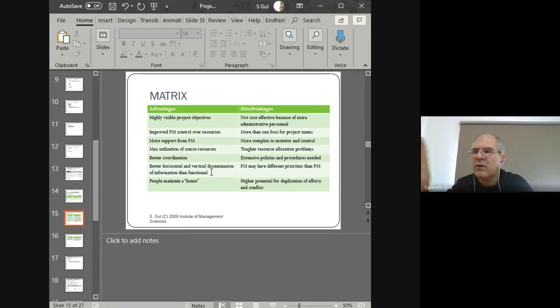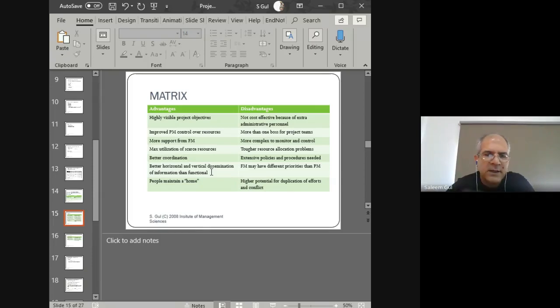And people maintain a home in the sense that they work on the project, and when they finish, they can go back to their operational activity. And what is the major disadvantage? Well, the major disadvantage is something called a two-boss problem, where the workers now have two bosses to deal with. One is their project manager and the other is their operation manager, right?